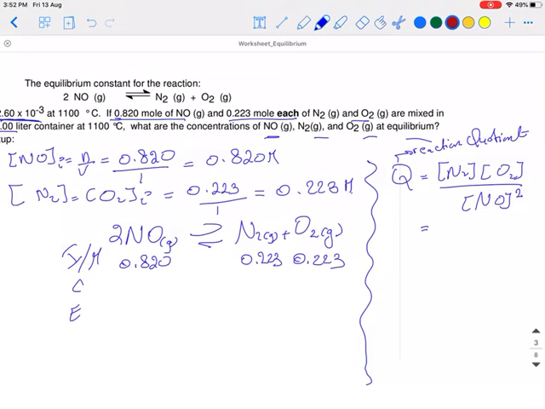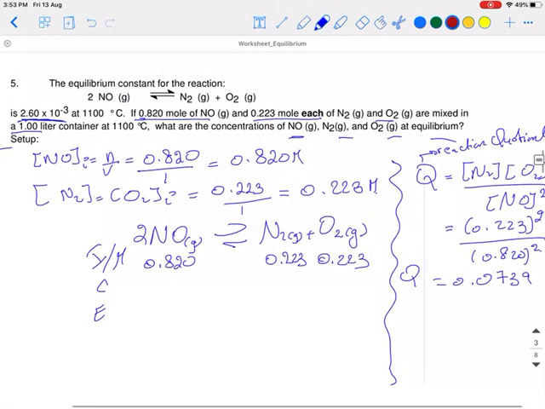The concentrations of N2 and O2 are 0.223 each, so 0.223 to the power of 2 over NO squared, and NO is 0.820 squared. Doing the calculations, Q will be 0.0739.